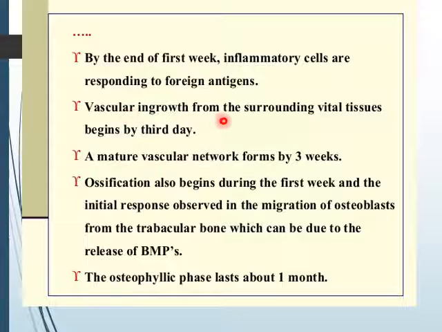Vascular ingrowth from the surrounding vital tissue begins by the 3rd day. A mature vascular network is formed by 3 weeks. Ossification also begins during the first week, as we said before, and the initial response is observed in the migration of the osteoblasts from the trabecular bone or old trabecular bone, which can be due to the release of bone morphogenetic proteins. The osteophilic phase lasts about 1 month.